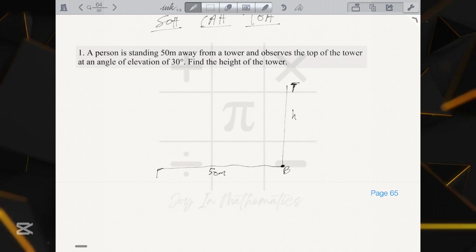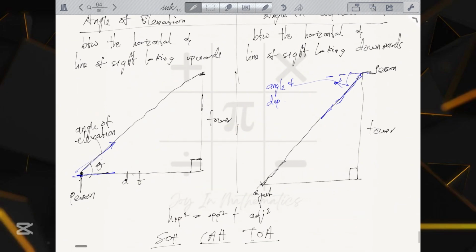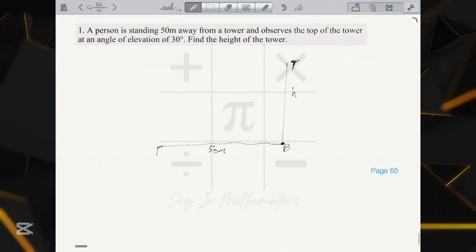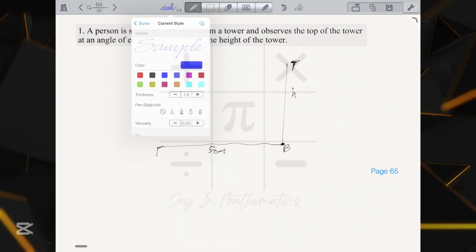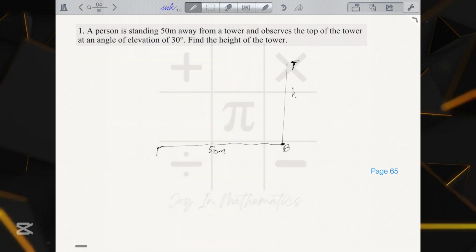Now the angle of elevation, that means the angle between the horizontal and the line of sight looking upwards, just as we have here, is 30 degrees. So we are saying that the line of sight looking upwards from point P, from the person observer's eyes, to point T, the top of the tower, is 30 degrees.